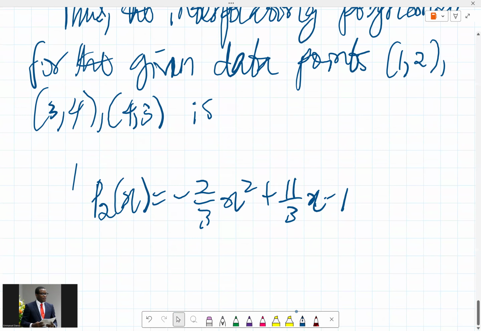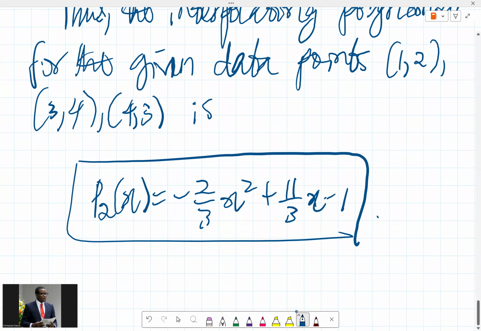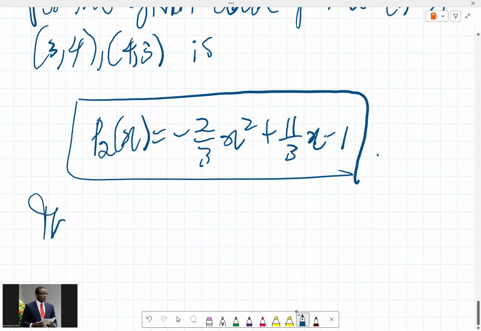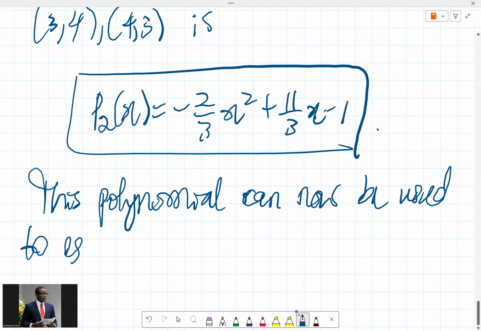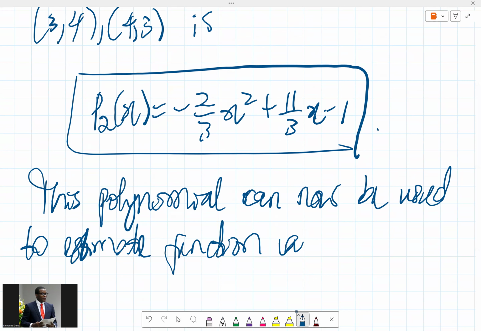So that's the formula. And then we can say that this polynomial can now be used to estimate function values at any x.